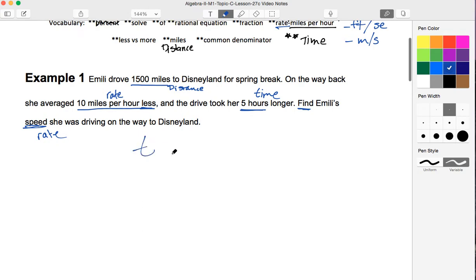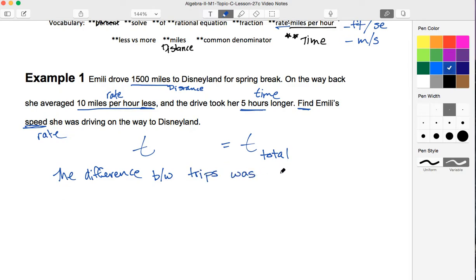So you have t, and we do know there's a t total. For Emily, it took her longer to get back from Disneyland than it did for her to go to Disneyland. So the difference between trips was 5 hours.